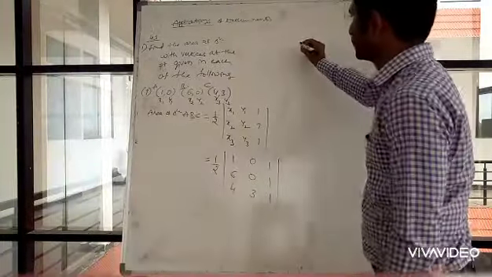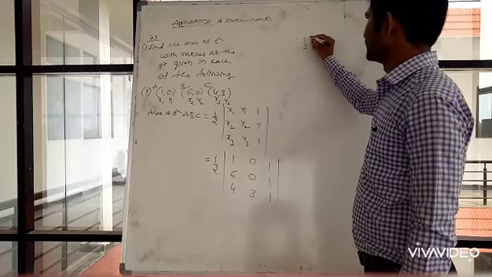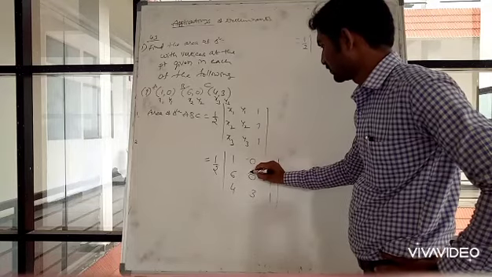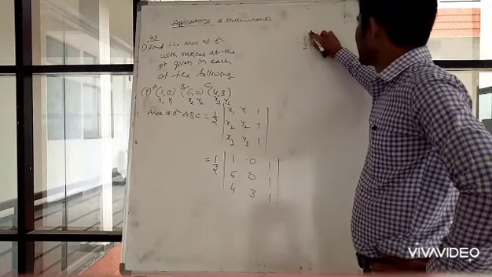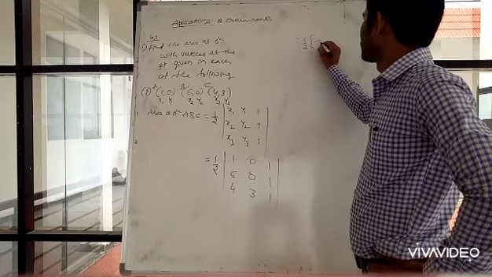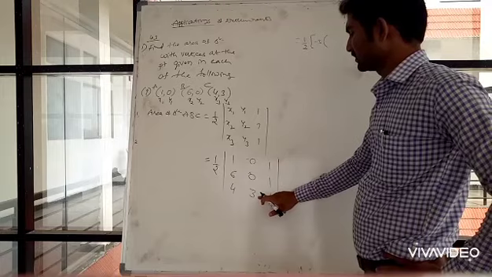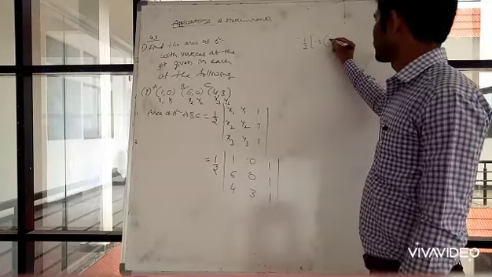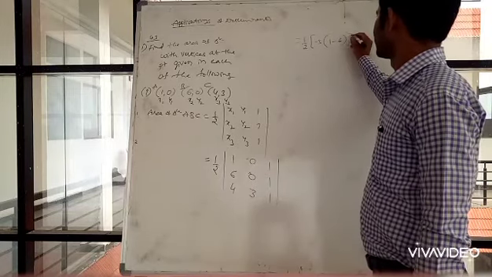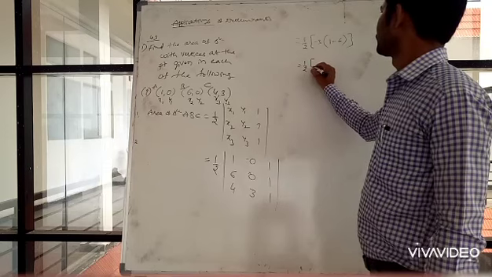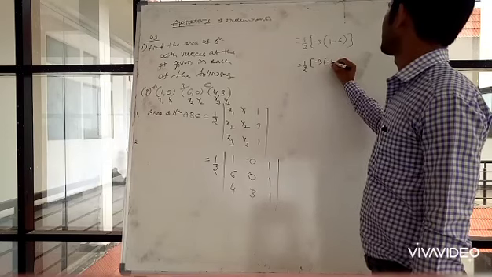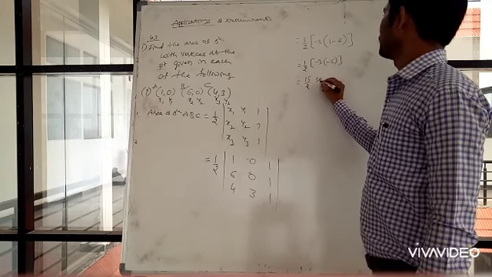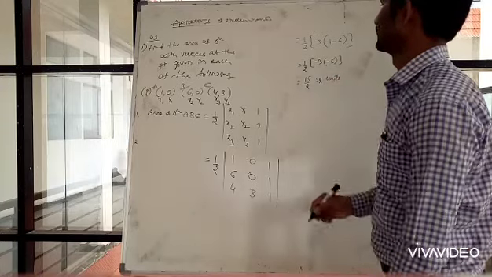Here the signs are negative, positive, negative, so -3 into bracket, leaving this row and column, 1 minus 6. 1/2 into -3 into -5. 5 3s are 15, so 15 by 2 square units. This is the area of the triangle.